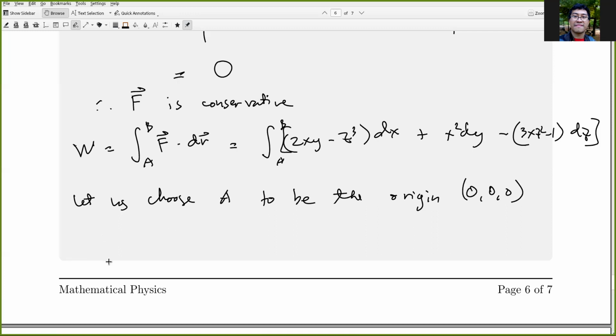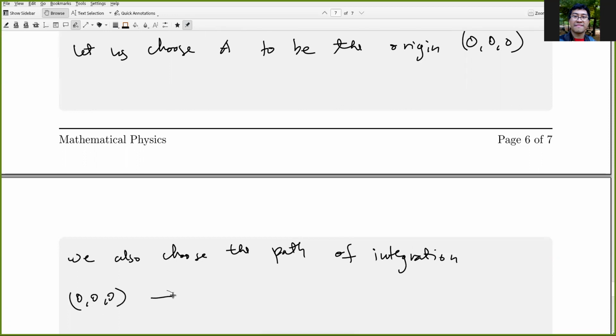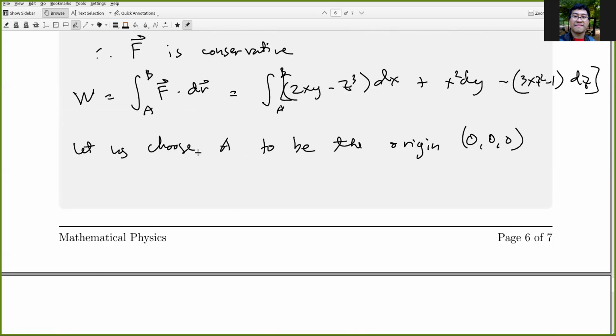We also choose a convenient path of integration.